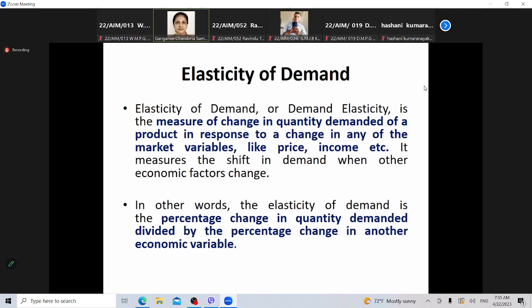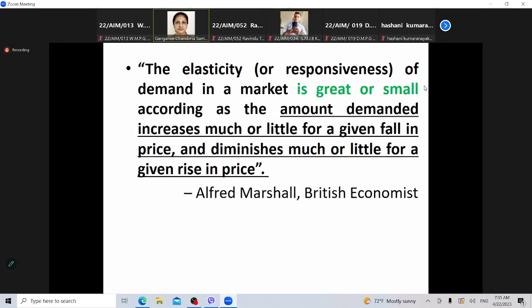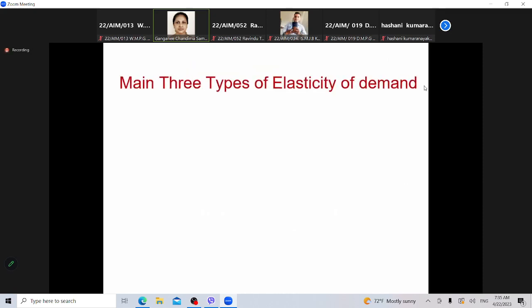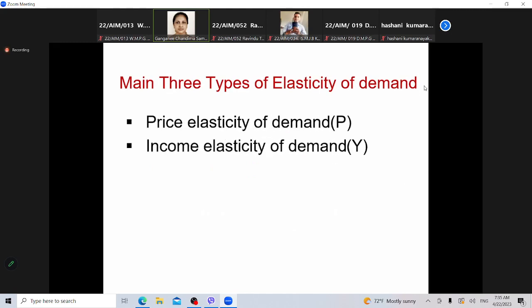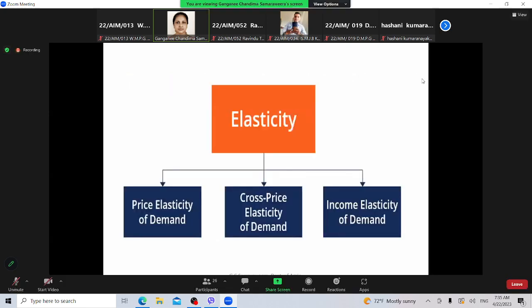In other words, elasticity of demand is the percentage change in quantity demanded divided by the percentage change in another economic variable, according to Alfred Marshall's explanation. Next we understood the main three types of elasticity of demand: price, income, and cross. That is the summary.